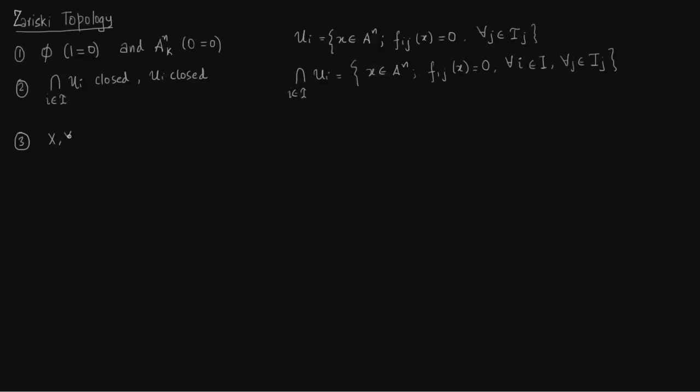The third one is that if you have two closed sets, say X and Y in A^n, then their union is closed.